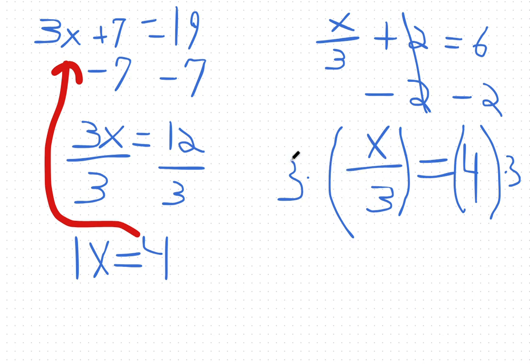So it's almost like we go in a circle. x divided by 3, and then you multiply by 3, you get back to x. So these two terms, you often hear, cancel out. So we end up with x equals 4 times 3. 4 times 3 is 12.